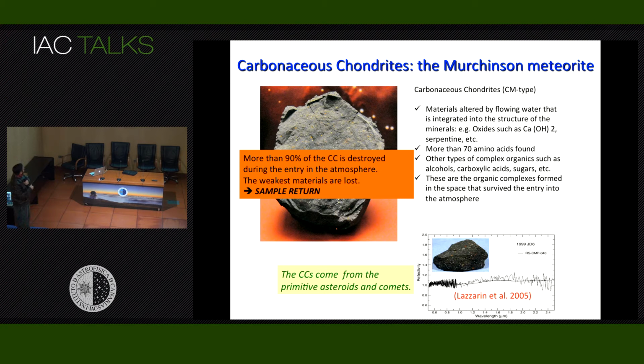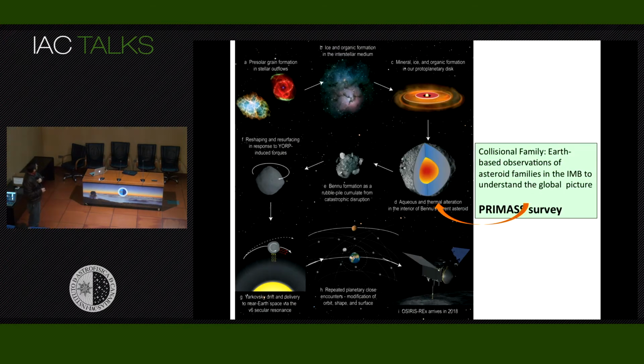And as I said, most of the material is destroyed during entry into the atmosphere. So if you want to study the weakest material in a primitive asteroid, we need a sample return mission to do that. In fact, the solar system formed, as we all know, from a big dust and gas cloud that collapsed and formed the sun and a disk around it.